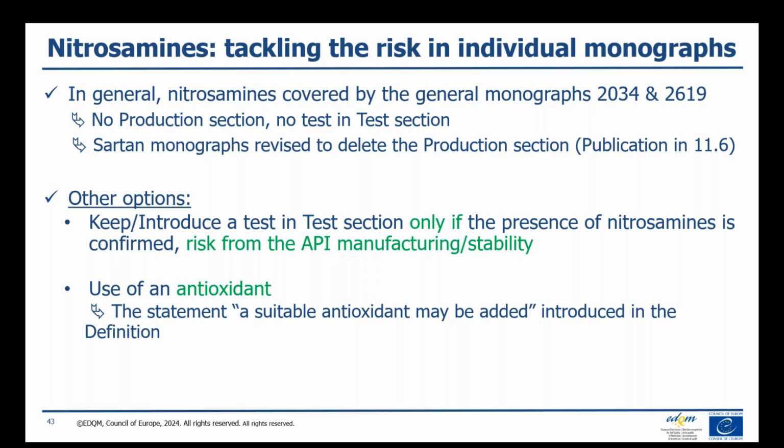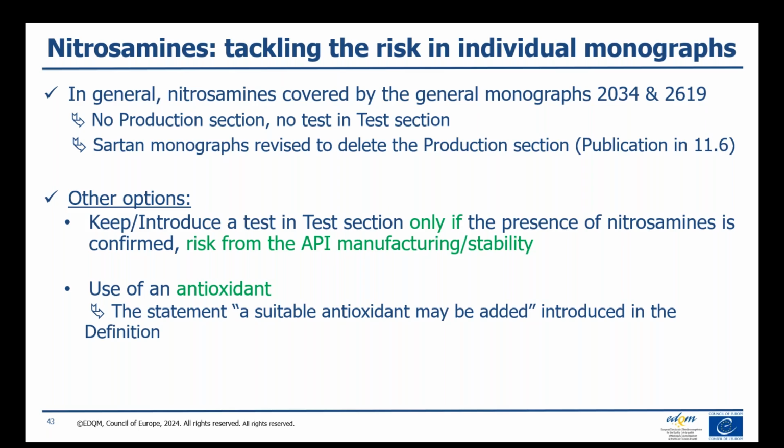But there are also some options that can be considered. For example, we can also decide to introduce or to keep a test in the test section, but in this case, it will be only if the presence of nitrosamines is really confirmed and its risk originates from the API manufacturing or from stability.